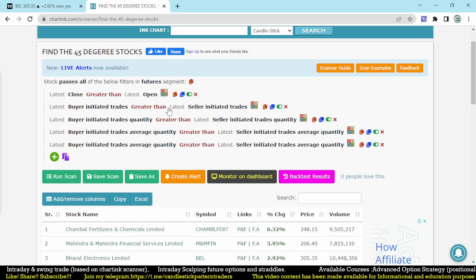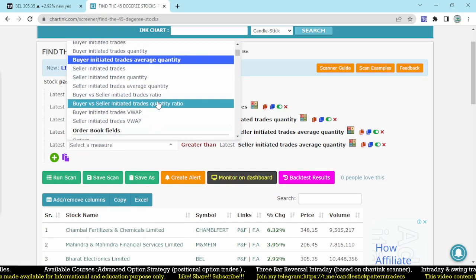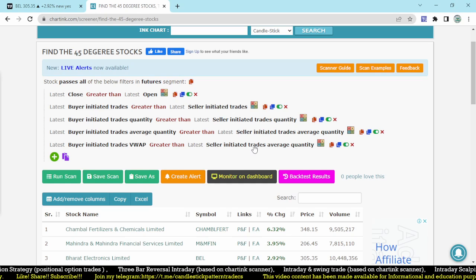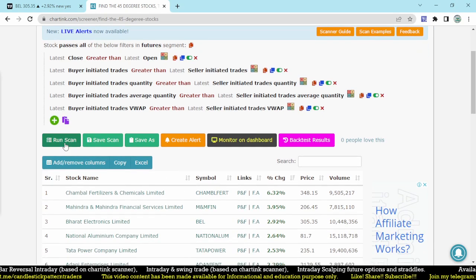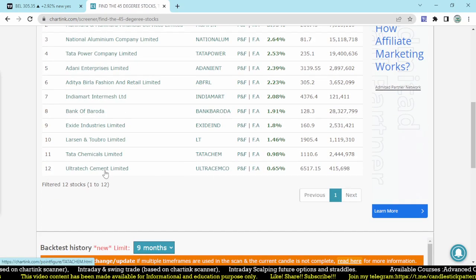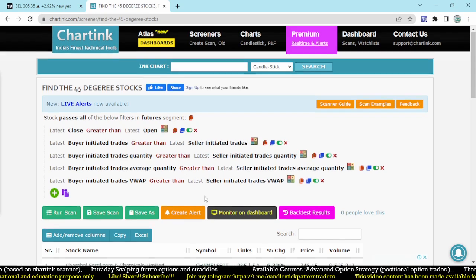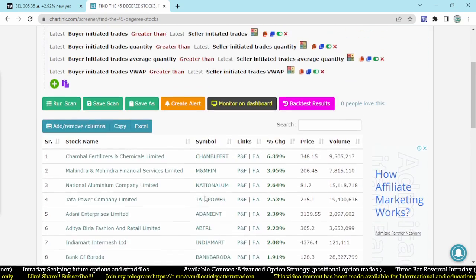Is there any other condition? Yes, buyer initiated traded VWAP and seller initiated traded VWAP, volume weighted average price. Let me try it out. Only 12 stocks. This will filter out only the bullish stocks.